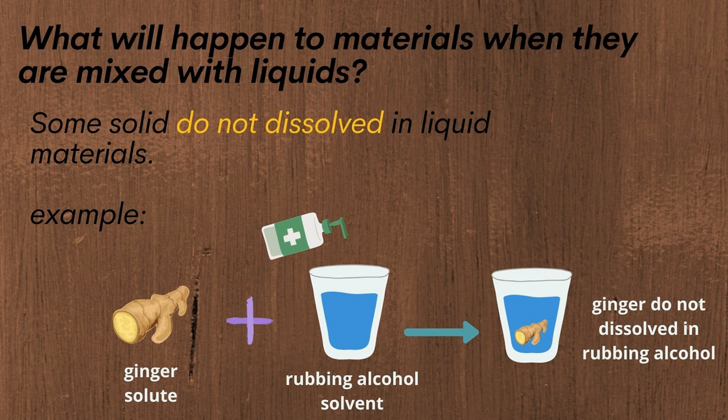You put them together and mix them, mapapansin nyo na ang ginger does not dissolve in rubbing alcohol. Ayan, it just will stay there. Andyan lang siya. So, always remember na merong mga solid na madi-dissolve, and there are also solids that do not dissolve in liquid materials.